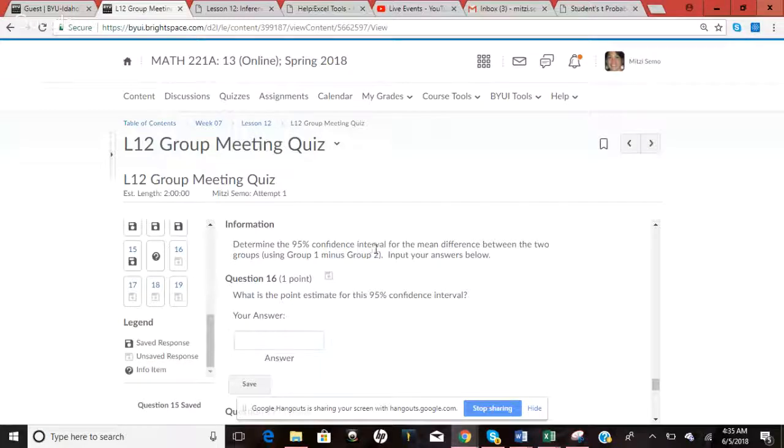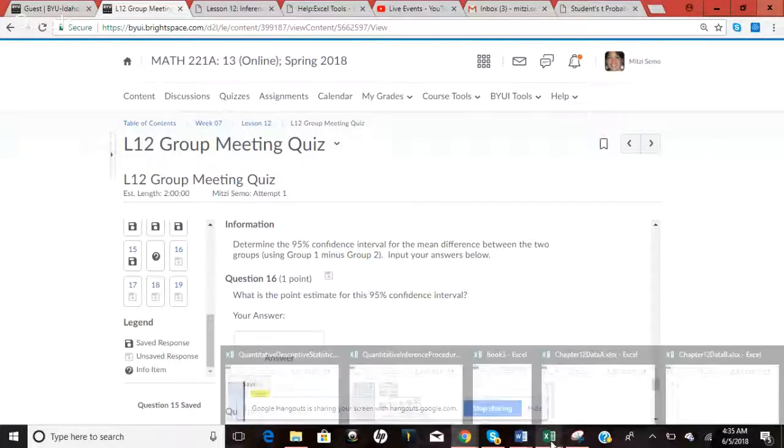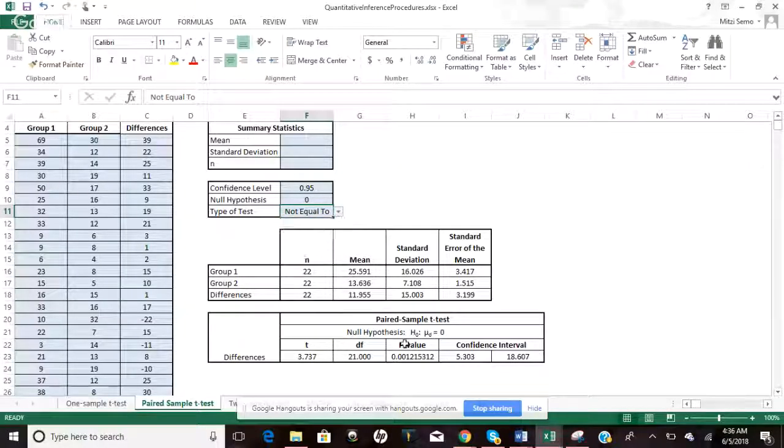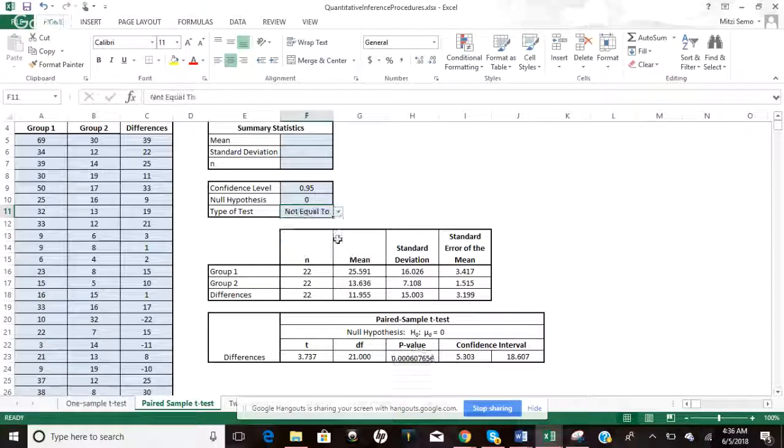Determine the 95% confidence interval for the mean difference between the two groups. So 95% confidence would be the same.